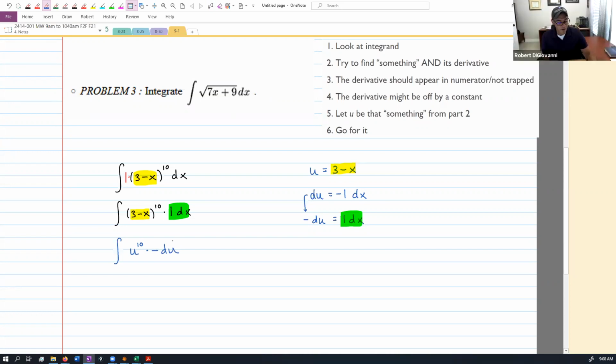Now I'm going to take that negative that's right here and pull it completely out in front as a negative in front of the integral sign. Whenever we have constants, we can always take constants out of an integral because they will just come for the ride, just like in Cal 1 when you had constants in front of functions and you took derivatives, the constant came for the ride. Same thing going backwards. So I put that negative out there, u to the 10th du.